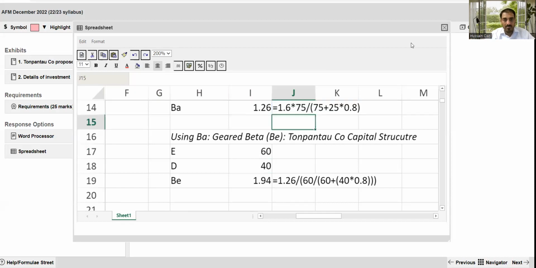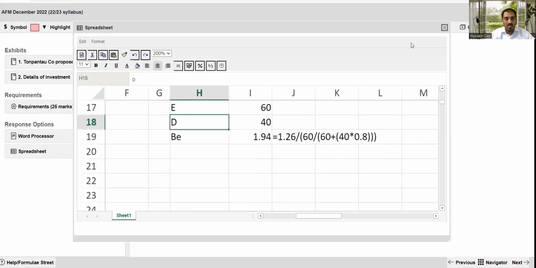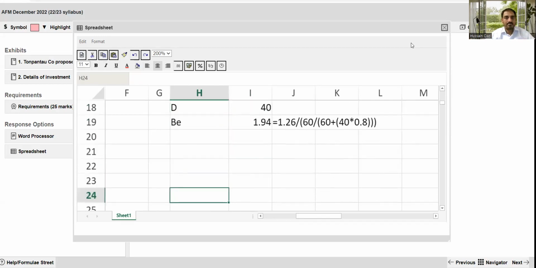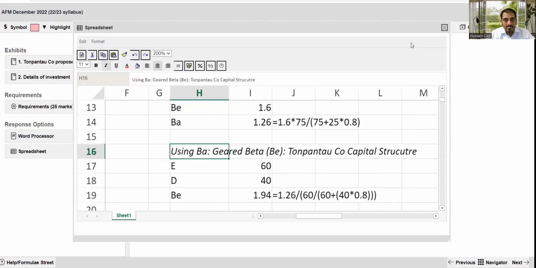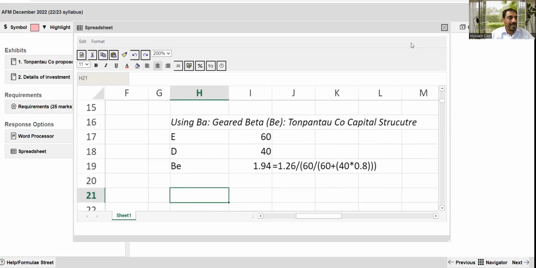I hope it's clear to all of you. Done. Furthermore, that is the beta equity.